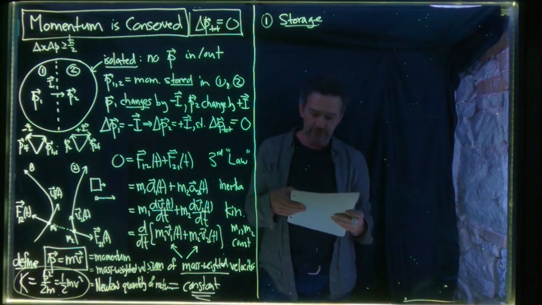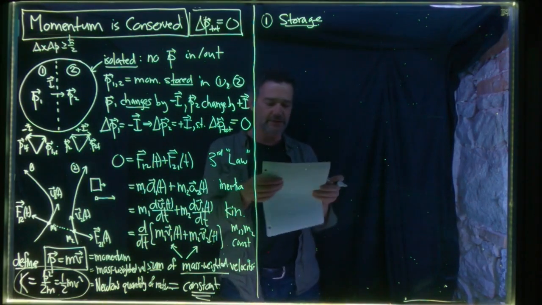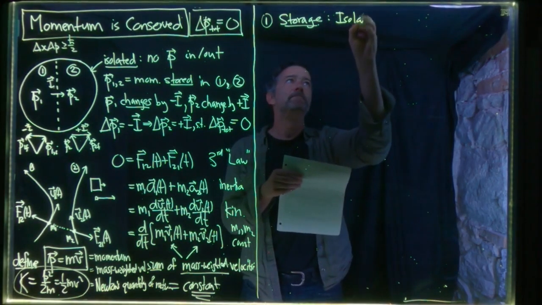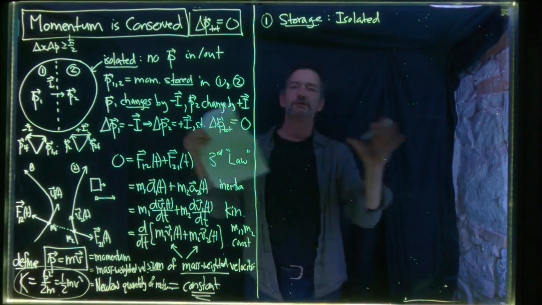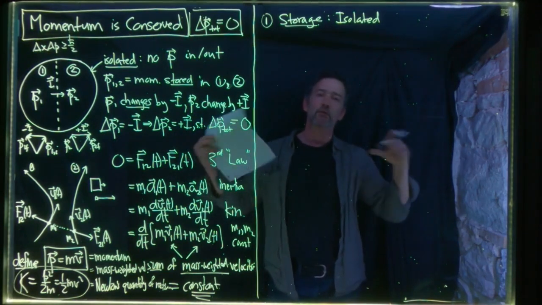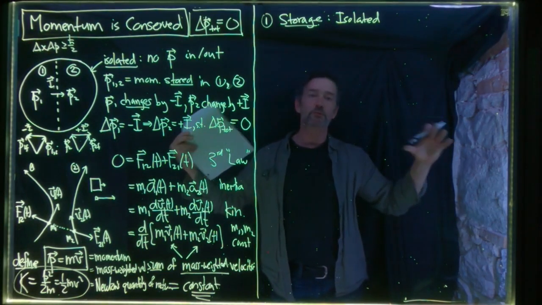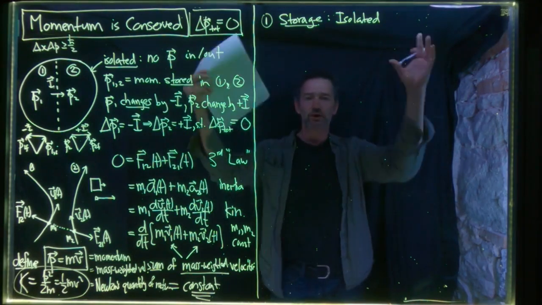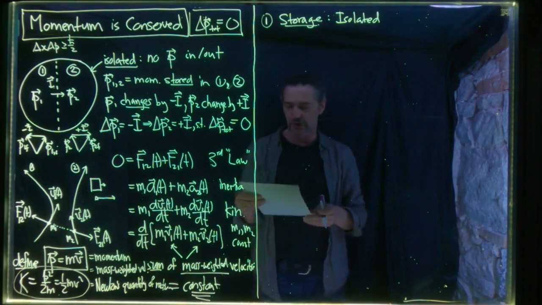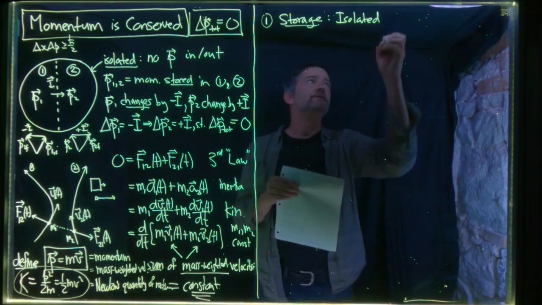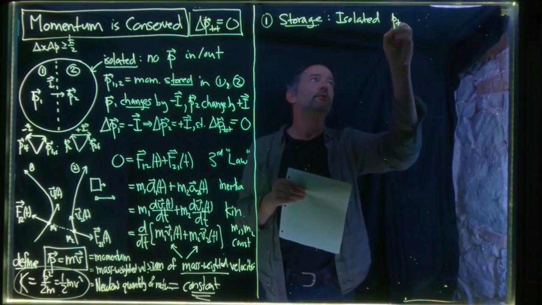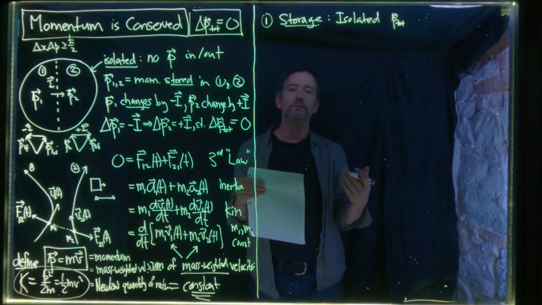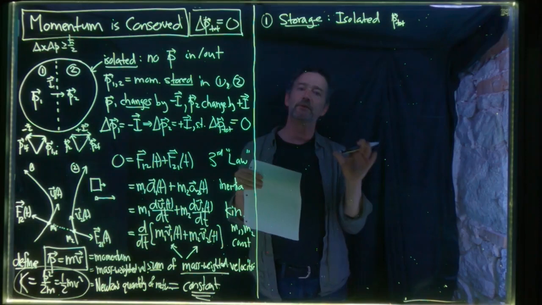Okay, so for an isolated system, if you have, say, a whole bunch of rocks floating out in space, moving around, and isolated from the rest of the universe, they can be hitting each other or exerting forces of various kinds on each other. Then for an isolated system, we know that P total, the total momentum at any instant of time in that system, will be the sum of the mass-weighted velocities.